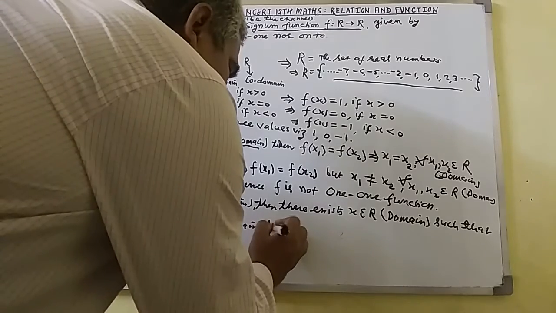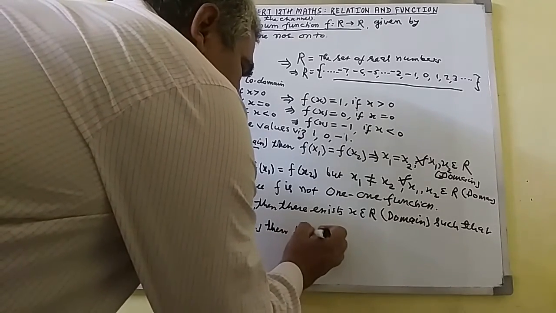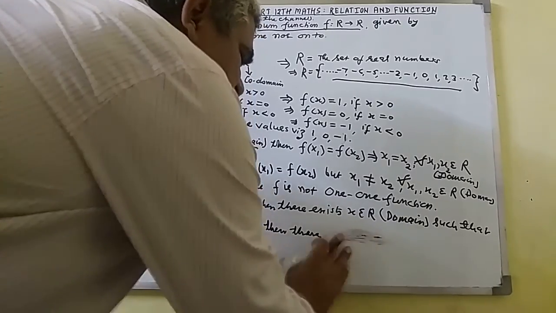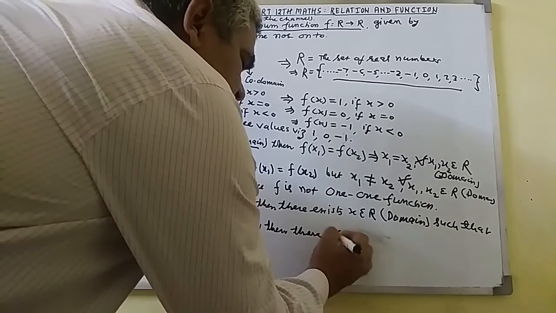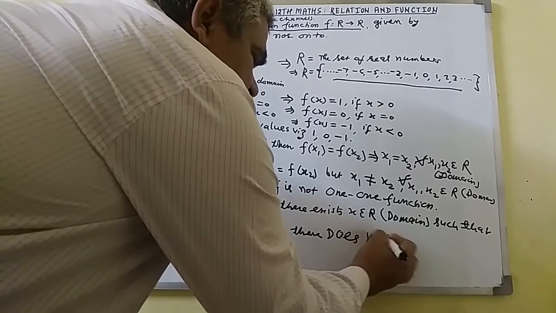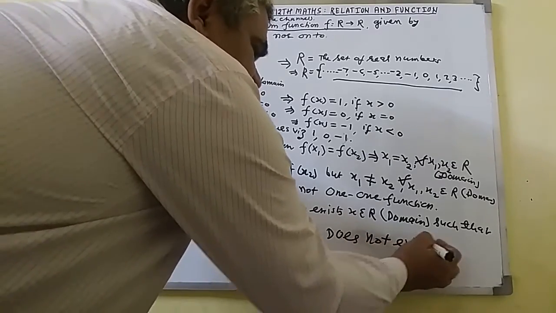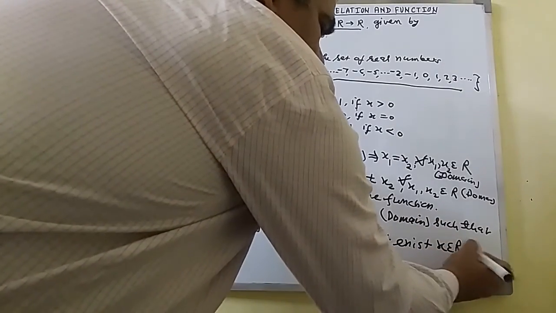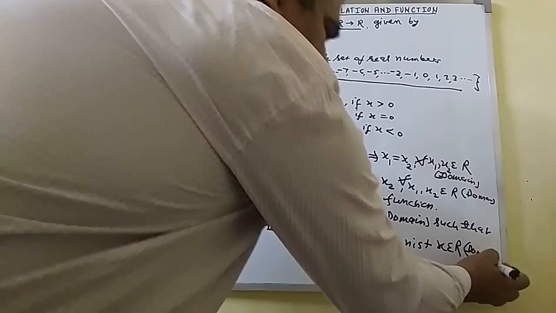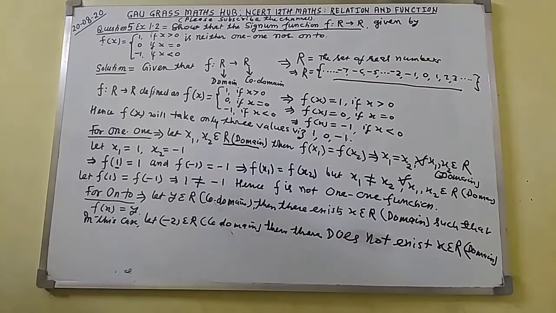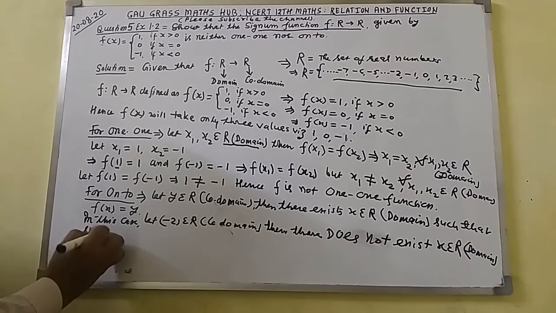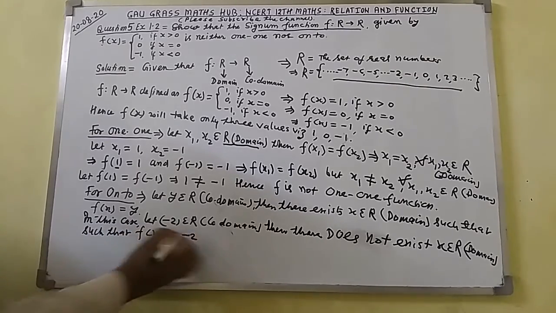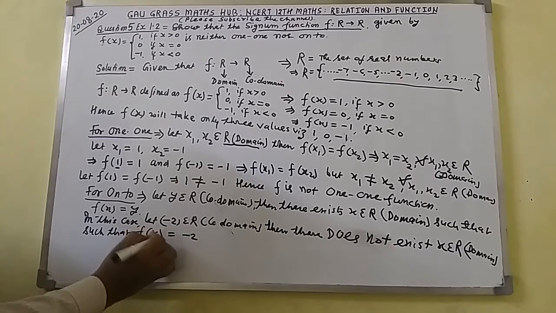Then there does not exist x belong to capital R domain such that f of x equal to minus 2.